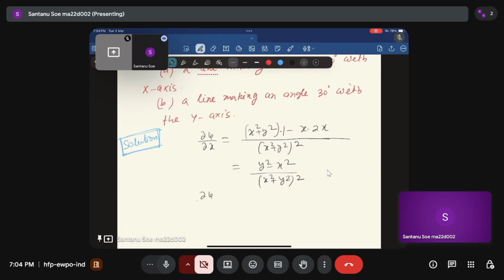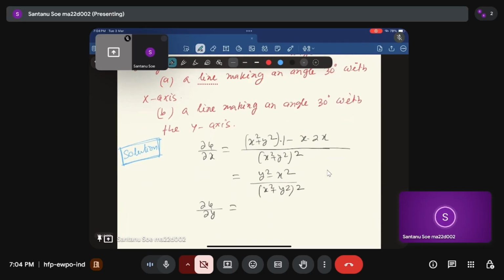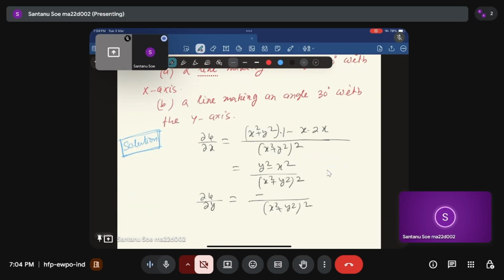And then del phi del y, this is also gonna be over x square plus y square whole square. So this is negative of x times 2y. So this is minus of 2xy divided by x square plus y square whole square. Okay.